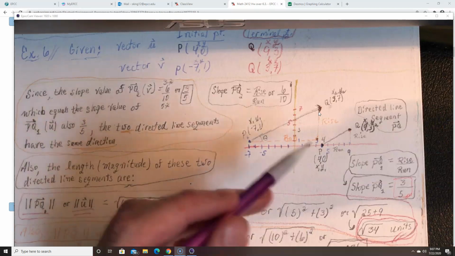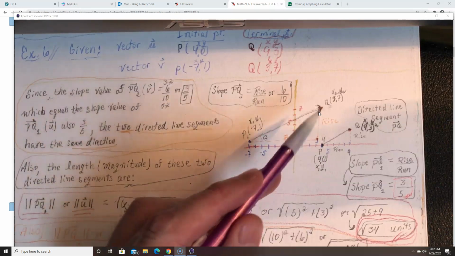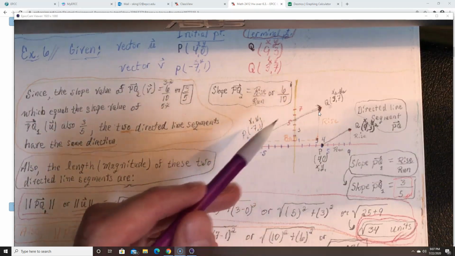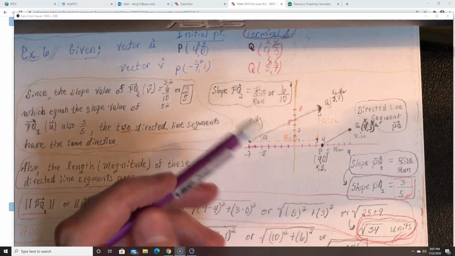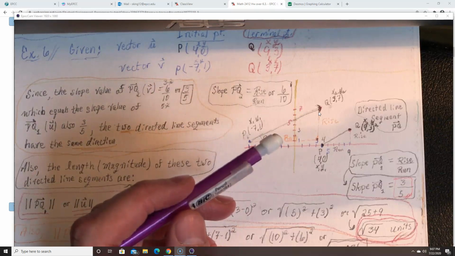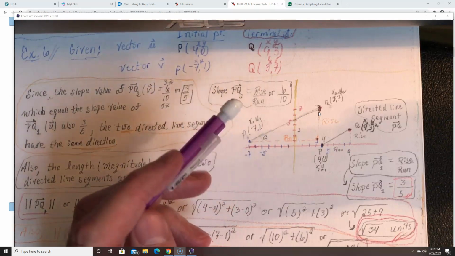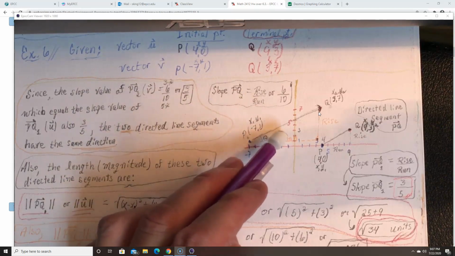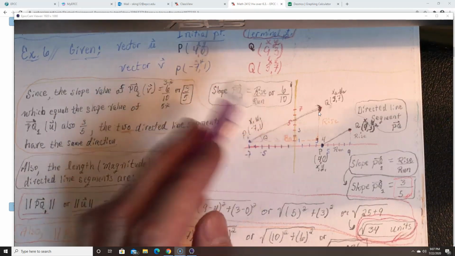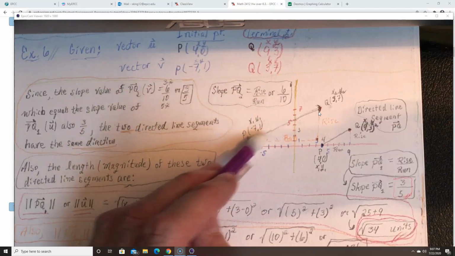So I think the two introductory questions are asking us to compute the slope of the directed line segment, or of the vector. In the next section, 6.4, well, I'm not positive, we might wait till towards the end of this chapter. Anyway, we don't need to talk about this right now.